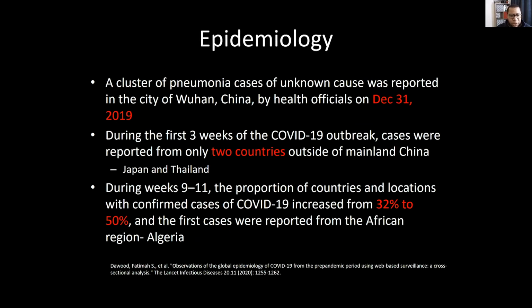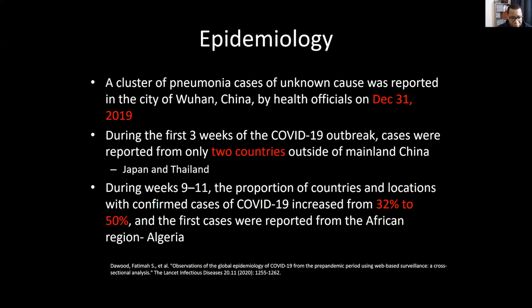So just a little background, epi, as to how everything unfolded. A cluster of pneumonia cases of unknown cause was reported in the city of Wuhan, China, by health officials on December 31st, 2019. During the first 3 weeks of the outbreak, cases were reported from only 2 countries outside of mainland China.